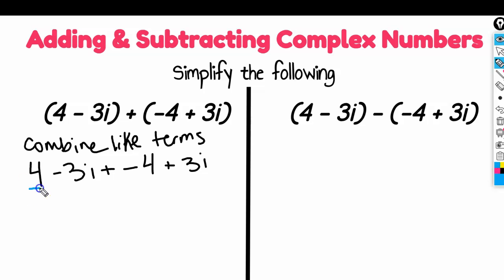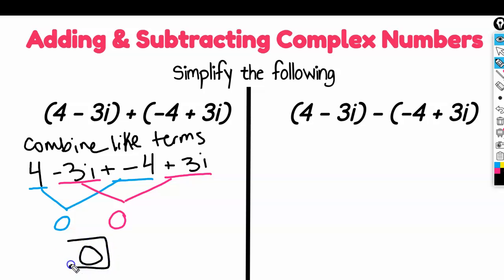So for example, 4 and negative 4 are like terms. So 4 plus negative 4 gives me 0. Those are like terms, I combine them. Negative 3i plus 3i gives me 0 as well. 0 plus 0 is just 0. And so that's it for this problem.